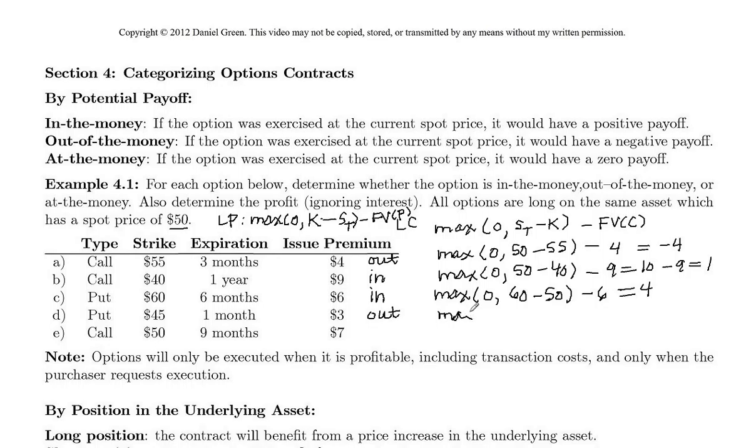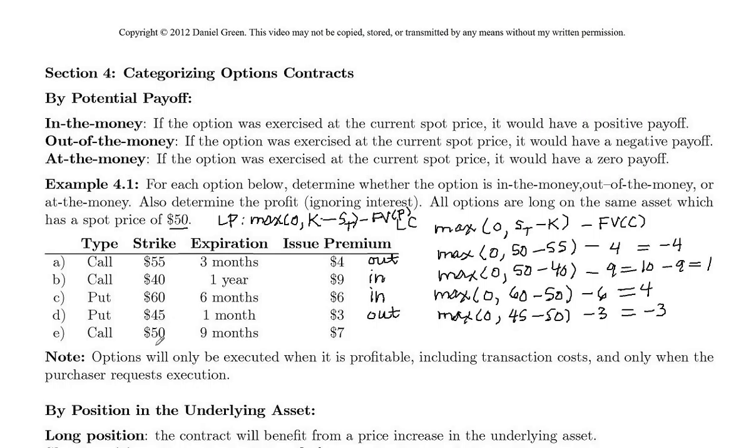So our profit in this case is going to be the max of 0 and 45 minus 50, which is 0, minus 3 is negative 3. Okay, because we would not exercise. If we did, we'd have an additional $5 of loss there.